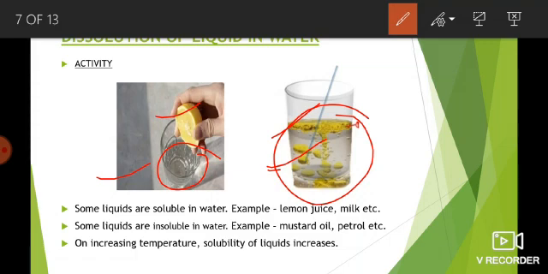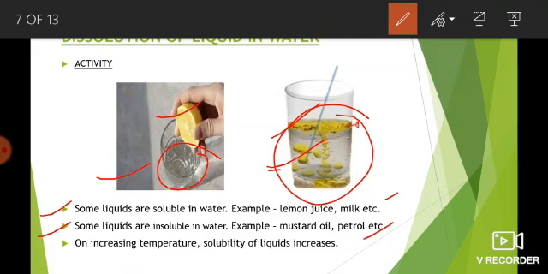That means mustard oil is insoluble in water. So some liquids are soluble in water and some liquids are insoluble in water. Examples of soluble liquids are lemon juice, milk, etc. And insoluble liquids are mustard oil, petrol, etc. Try to think of more examples.